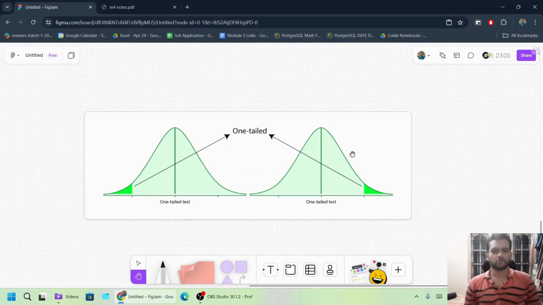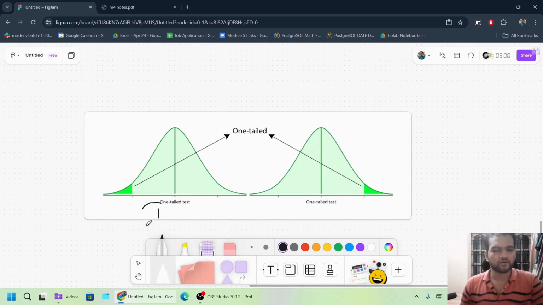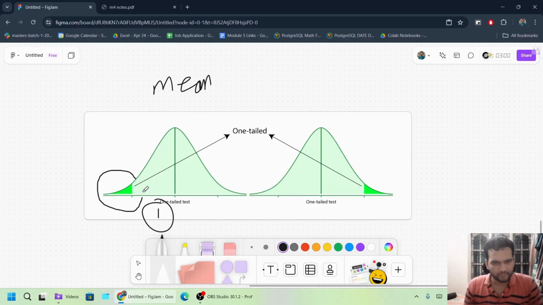Here we are assuming the null hypothesis that in the first drawing the mean value is less than this much. We are only focusing on this, not on whether it is greater. In the second, our null hypothesis is that the mean is greater than this much.